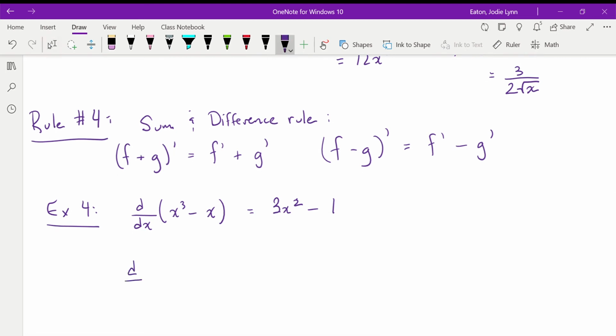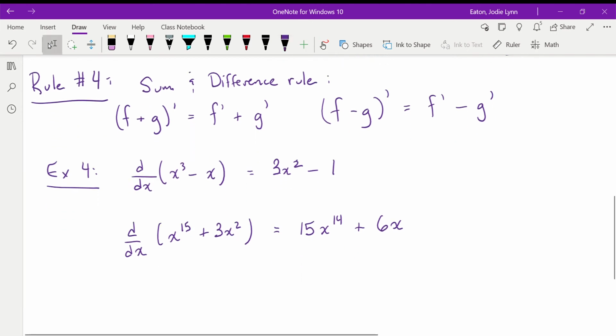So if we want to take the derivative of x to the 15th plus 3x squared, we're going to drop the power by 1 for 15, so 15 times x to the 14th plus 2 times 3 is 6 times x to the power of 1, but we don't need to write the 1. Okay?